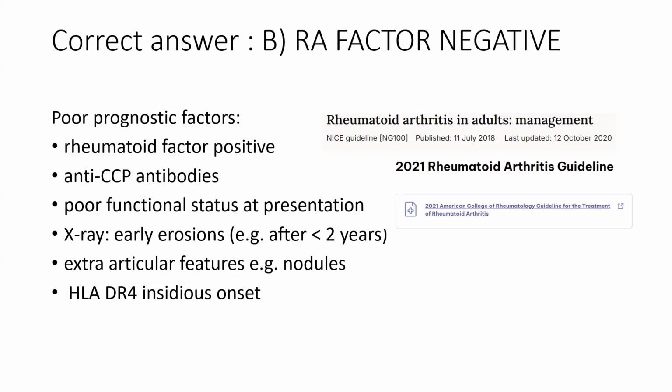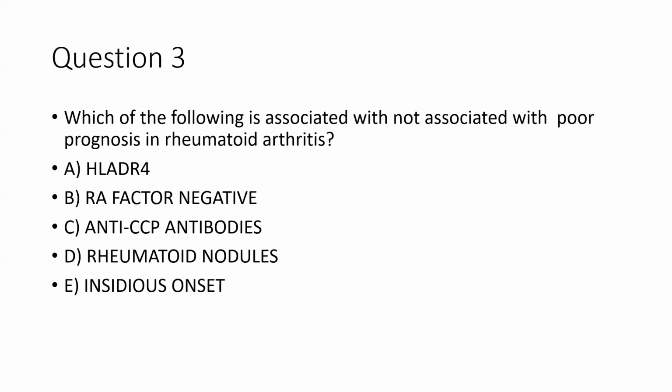If early erosions are seen, then that's a poor prognostic factor. Extra-articular features like nodules, presence of HLA-DR4, and even insidious onset of the disease are all poor prognostic factors. So clearly, the one which is not associated with poor prognosis is the RA factor being negative.